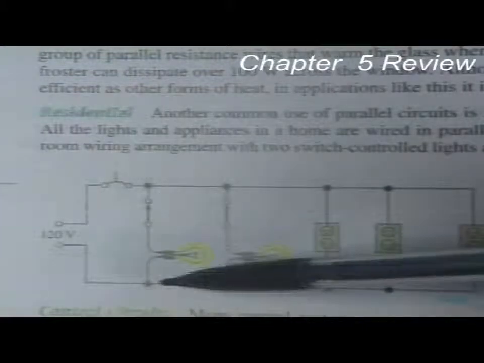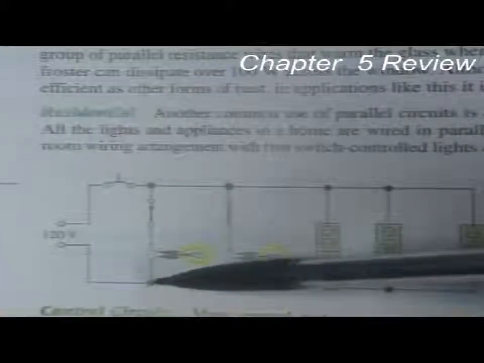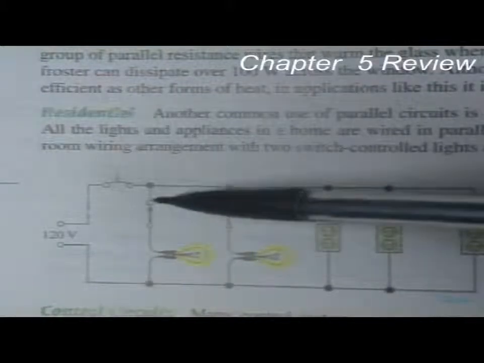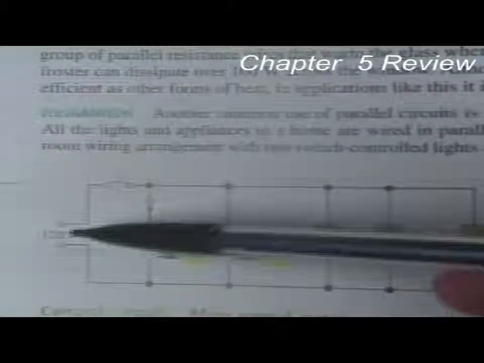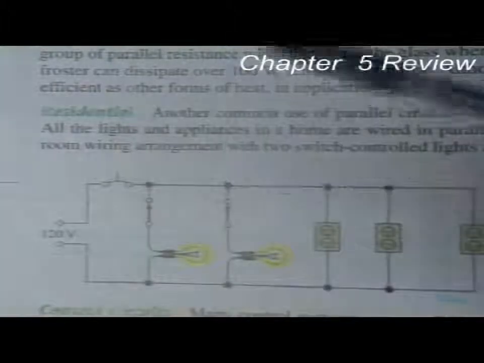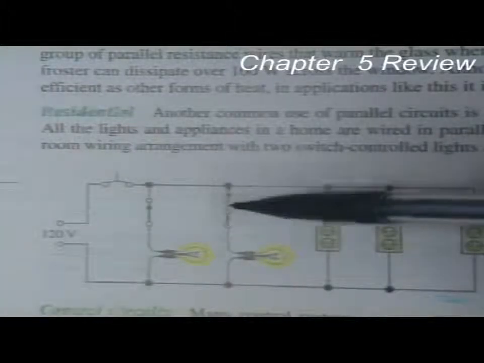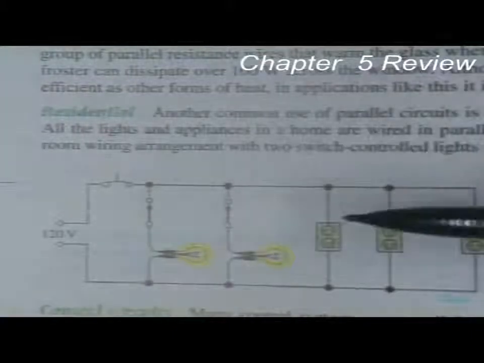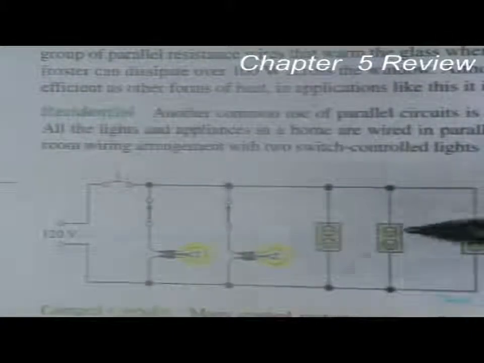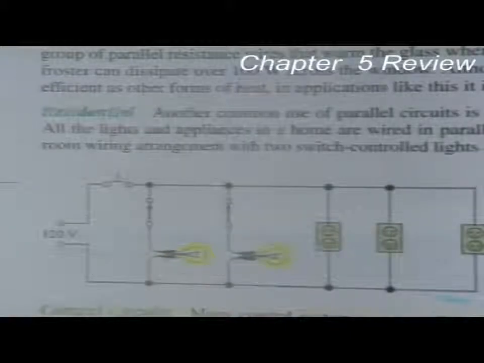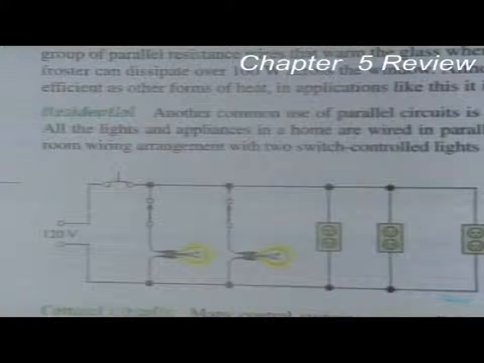In this case, the light bulb is hooked from the white to the black, which puts it in parallel with the input of 120 volts. Over here we have another light bulb hooked up exactly the same, and some outlets hooked up the same. These circuits are all in parallel, because if they were in series and one went out, every light in your house would be out, every appliance would be off. That's another reason for using a parallel circuit.